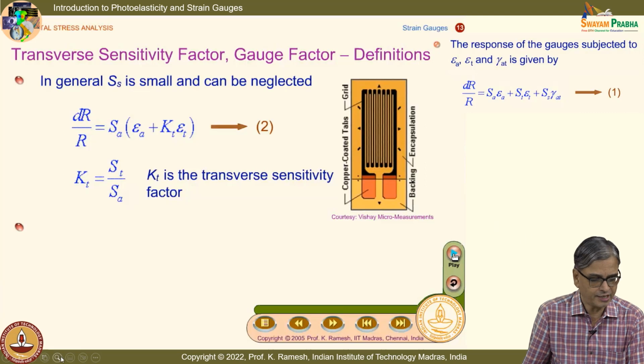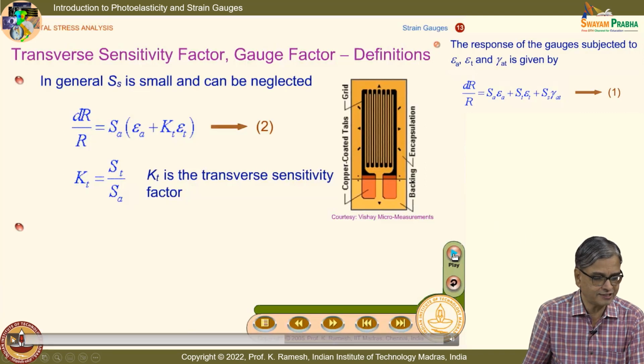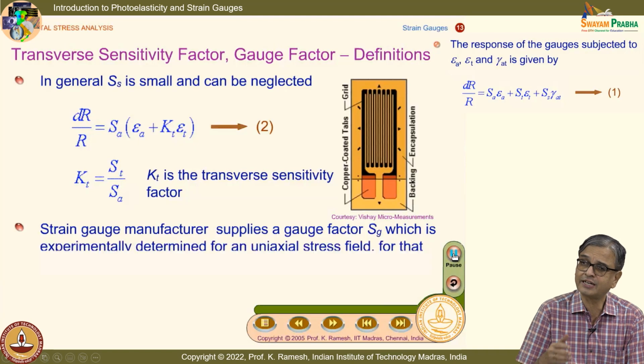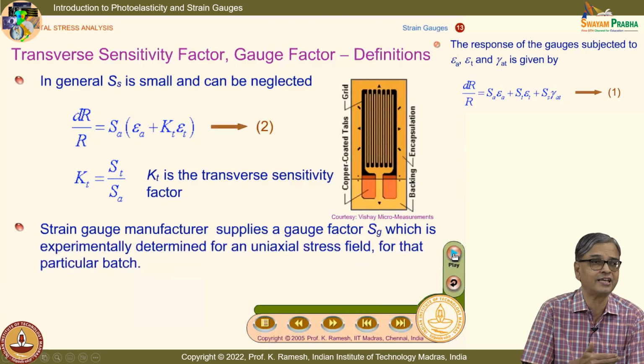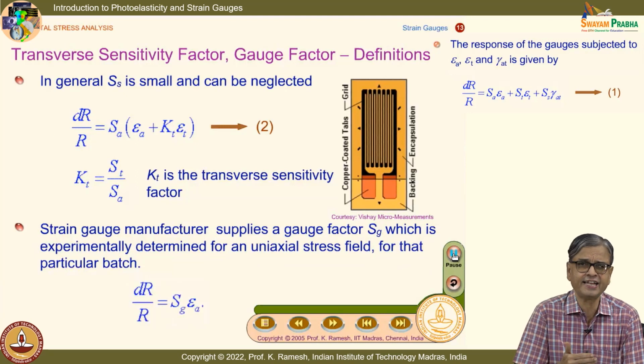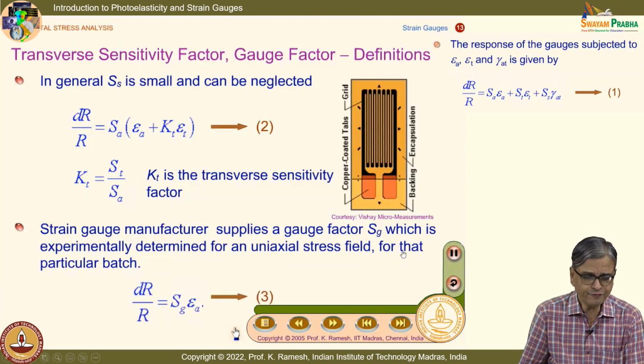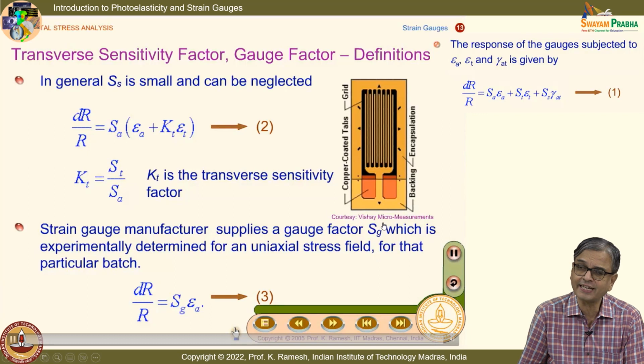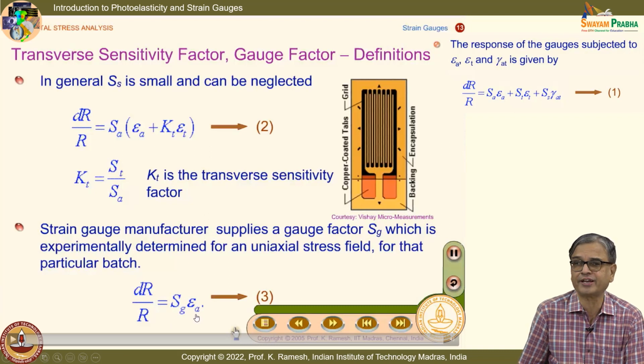And what does the manufacturer give you? The manufacturer makes strain gauges in a batch, selects a few of them, conducts a test and gives you what is known as the gauge factor Sg, which is defined as dR by R equal to Sg multiplied by the axial strain.